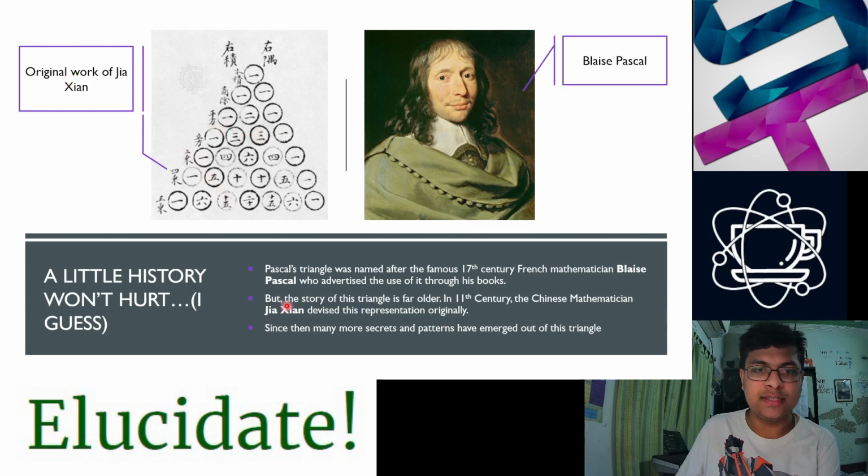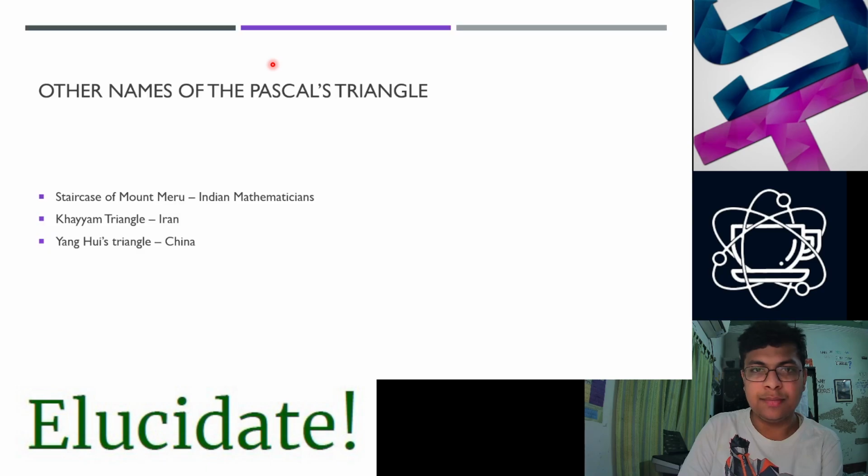Actually, the story of this triangle dates far older than the birth of Blaise Pascal, about 600 years before. It was devised by the Chinese mathematician Jia Xian, who was the first to find it out. But Yang Hui was one of the mathematicians in China who successfully advertised it to the people of China.